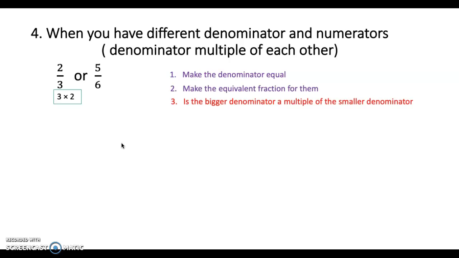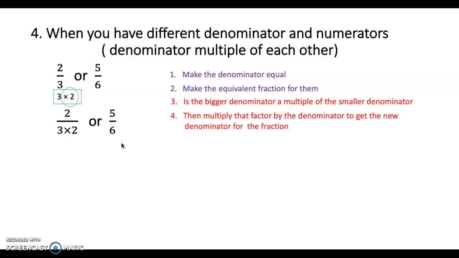Yes, in this case. 3 times 2 we get 6. We multiply by 2. So we make the equivalent fraction by multiplying the 3 by 2. We multiply this factor by the denominator to get the new denominator for that fraction, because we are going to make the denominators equal.